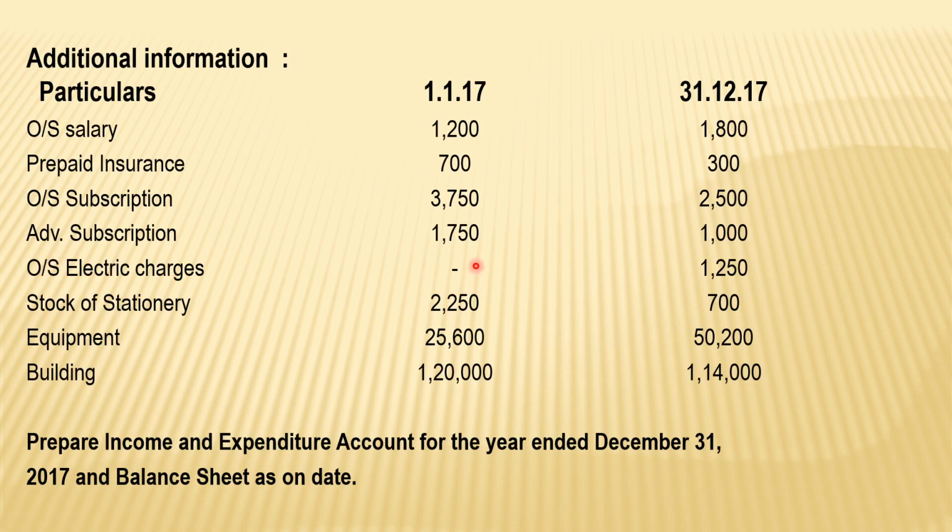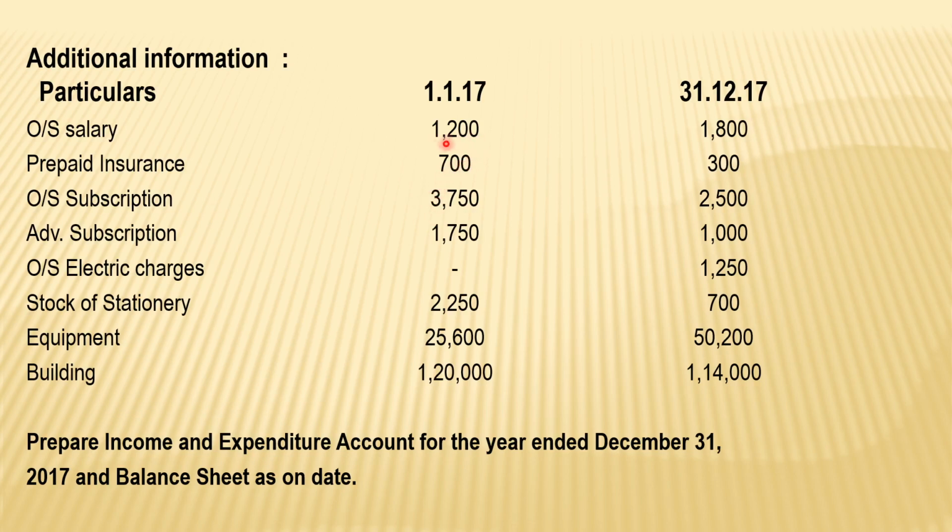Outstanding electric charges is not there. Subscription received in advance: if any income is received in advance, that is considered as a liability. So it is a liability in the opening balance sheet, it will come on the liability side. Outstanding subscription, income accrued or receivable, that is considered as an asset, so it will come on the asset side of the opening balance sheet.